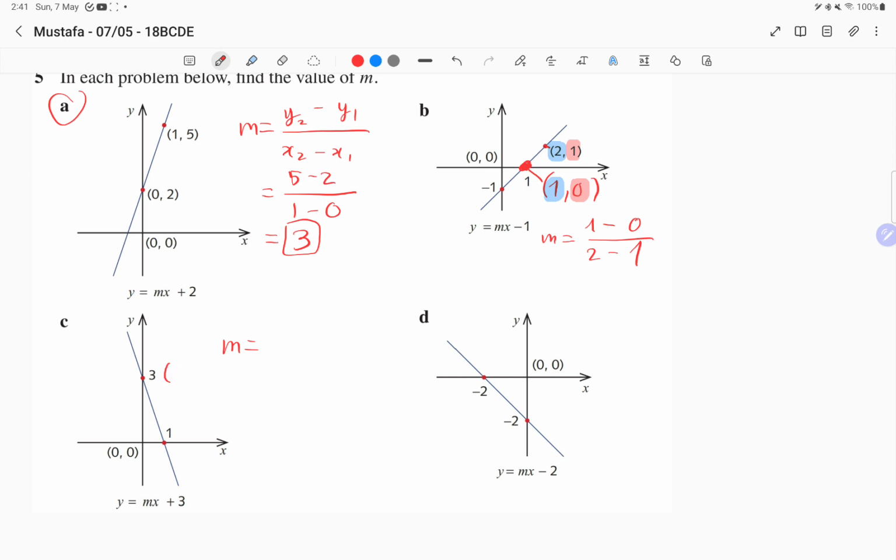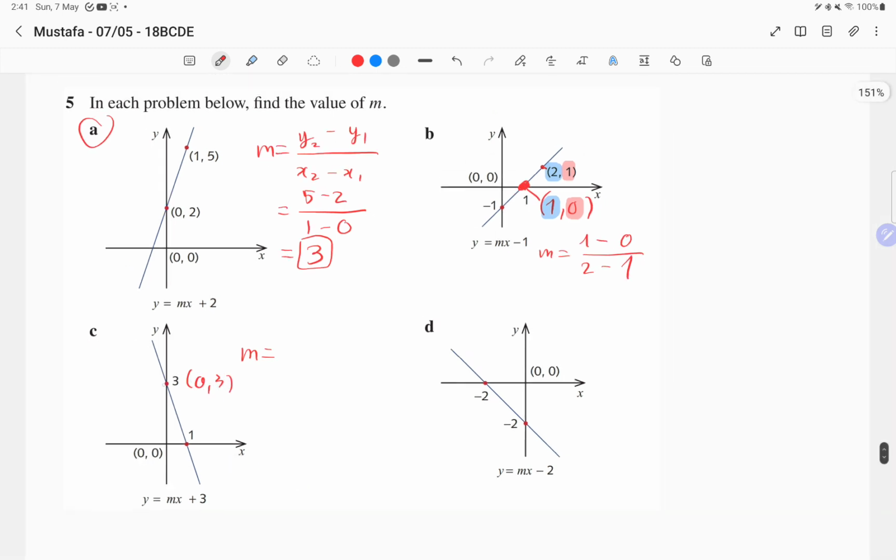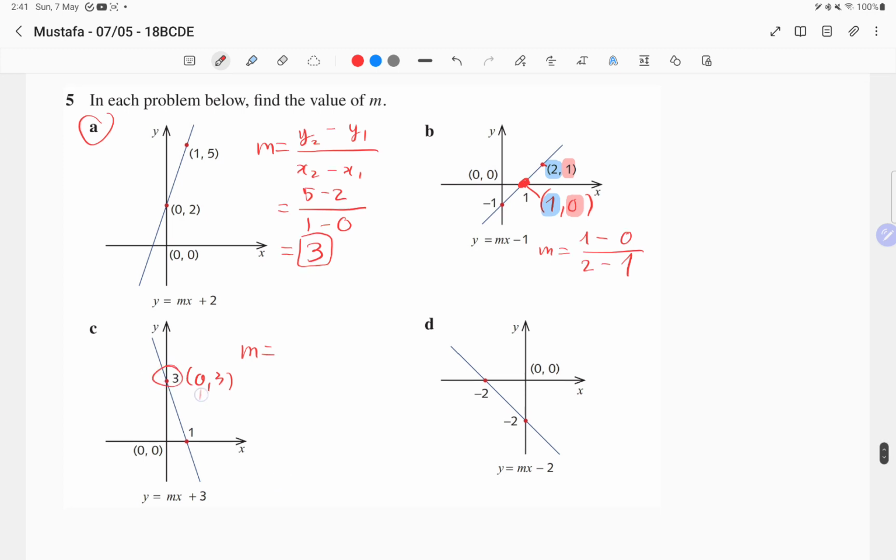What's the coordinate of the first one? Let me just write it down. So it's 0, 3. X first. Remember, it's the y-intercept, which means the x coordinate is always 0. And the y coordinate is the y-intercept. Yeah. Now the other one.